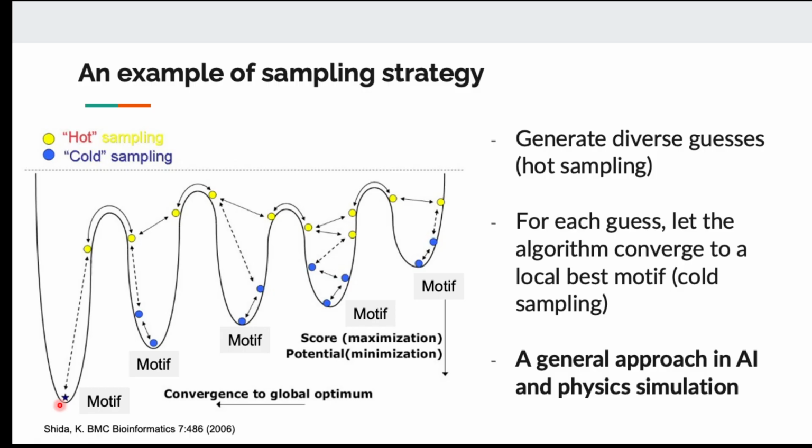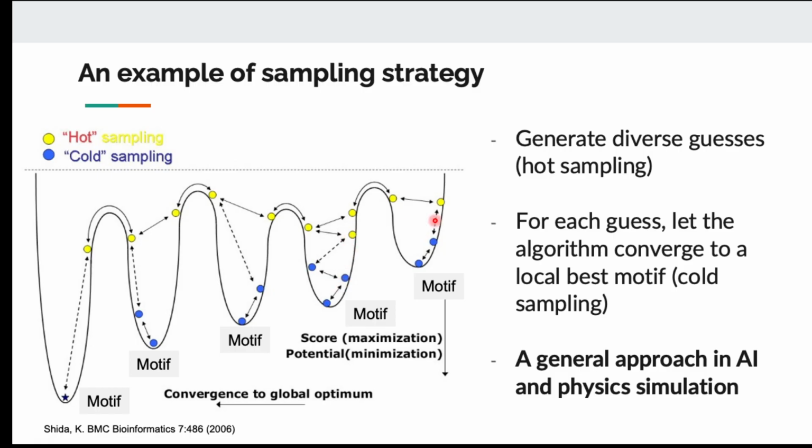So the idea is we want to sample the initial guess in a diverse fashion. All these yellows would be our initial guesses. We want to generate many different initial guesses because we want to make sure that we cover all the possible DNA motifs. And for each initial guess, we're going to let the algorithm, the optimization of the nucleotide frequency profile, run until it converges to a certain motif.